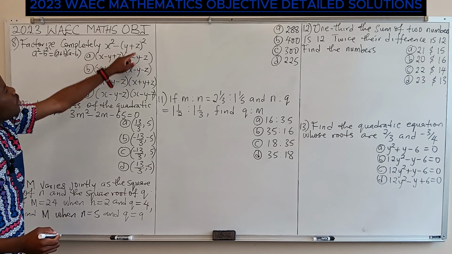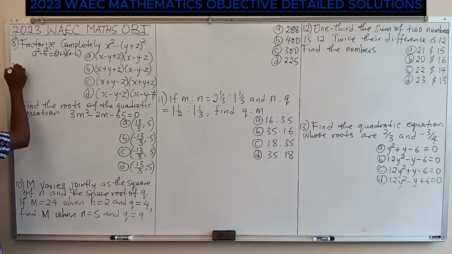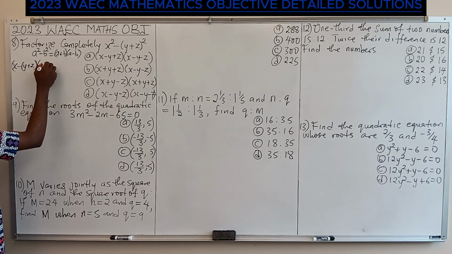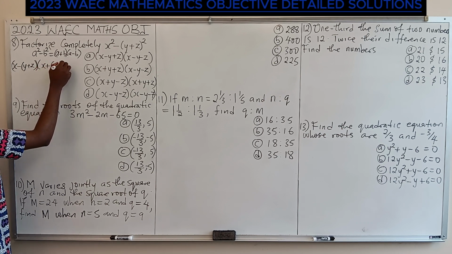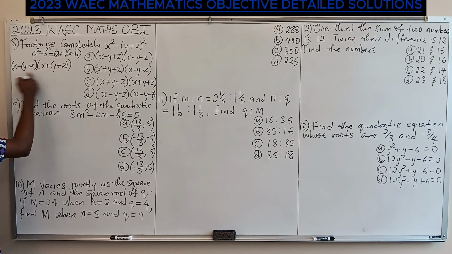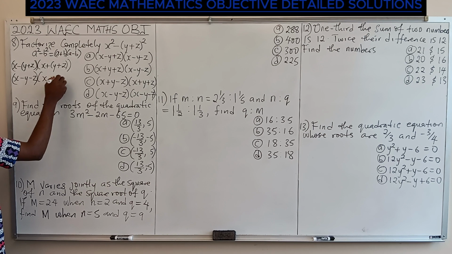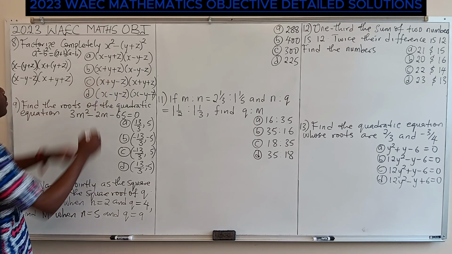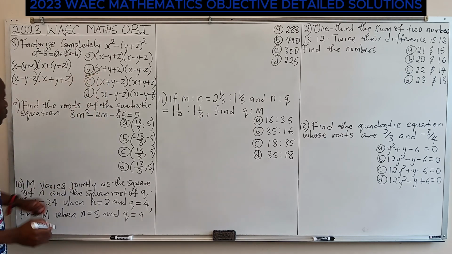So this will simply be x minus y plus z, x plus y plus z. So that if we open it, we'll have x minus y minus z, x plus y plus z. And so the correct option is B.